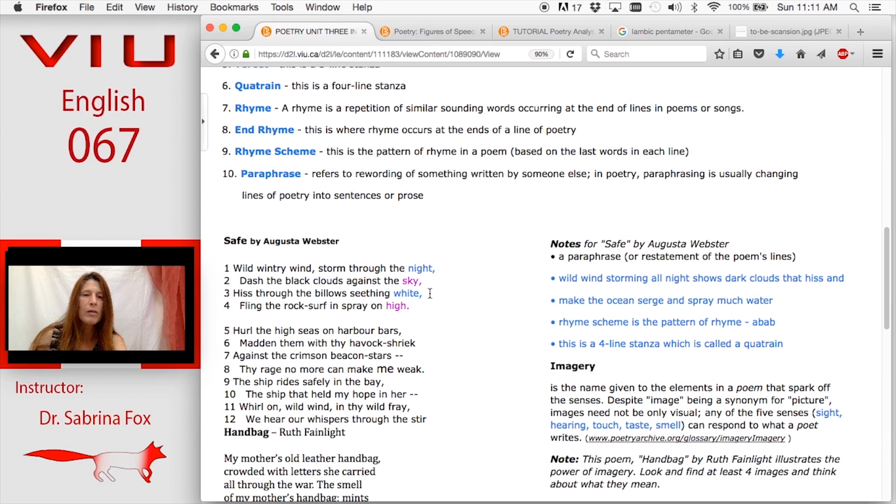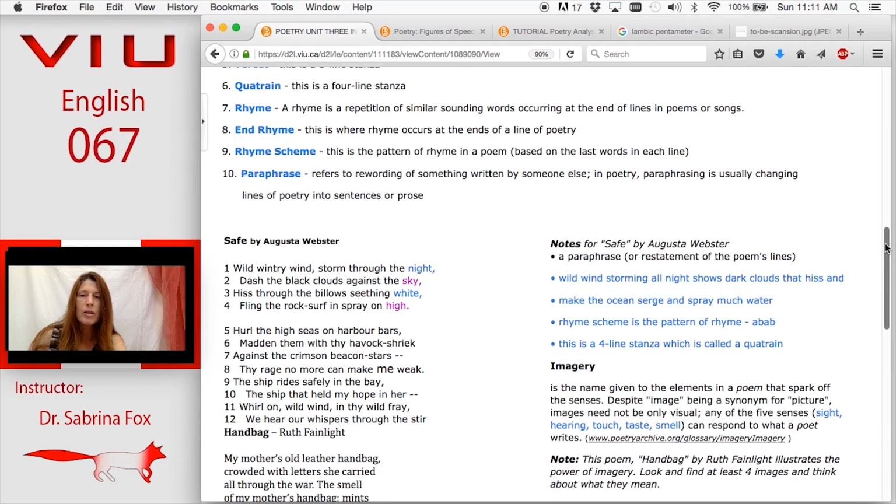Night rhymes with white, and sky rhymes with high. We start at the top of the alphabet, so night is A, and sky is B, and white rhymes with night, so it's A again, and high rhymes with sky, so it's B again. So if we were to write out the rhyme scheme, it would be A, B, A, B.